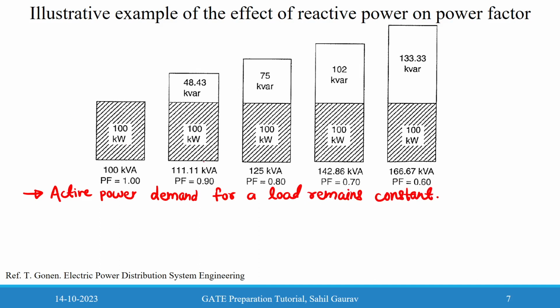We can see the 100 kilowatt. Now the load is an inductive load. In this case, the first one is the resistive type of load, and all the rest is of inductive load.